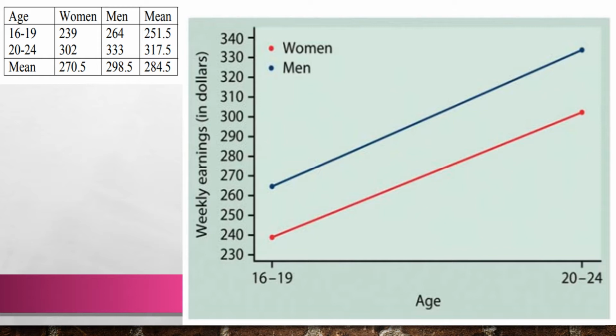It clearly shows the existence of main effects. From the plot, we can see that on average, men earn more than women, indicating an effect of gender. We can also see an effect of age since the older group makes on average more than the younger age group.